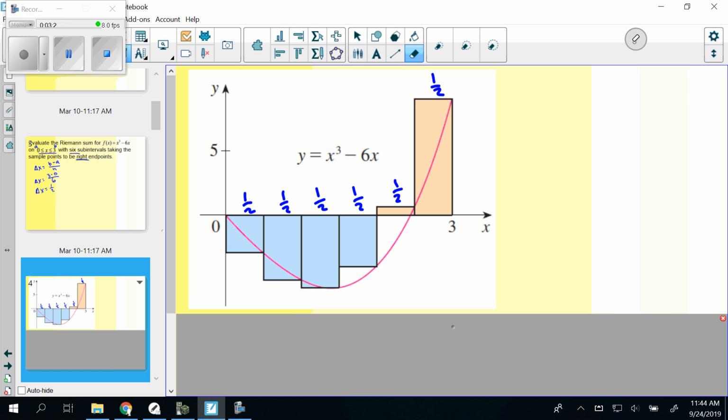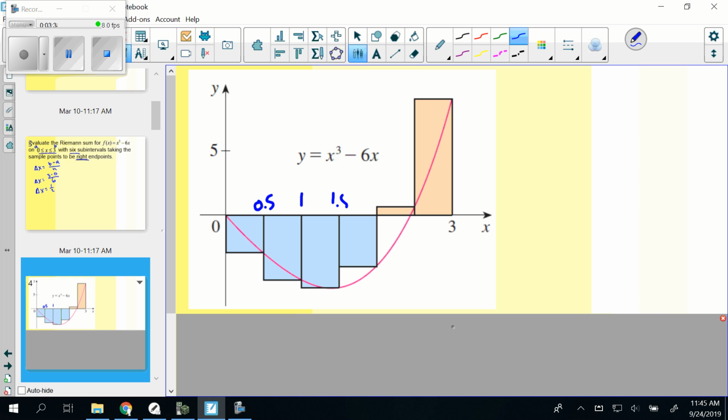To find out the height of these, we're going to need to know where we are going to be taking the height from on the right side. Well, if we do this, this first one is going to be at 0.5. This will be at 1. This will be at 1.5. This will be at 2. This next one will be at 2.5. And here we can again see 3.